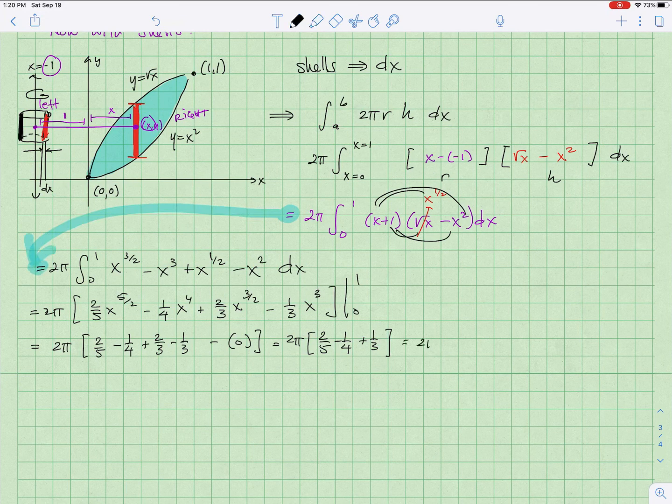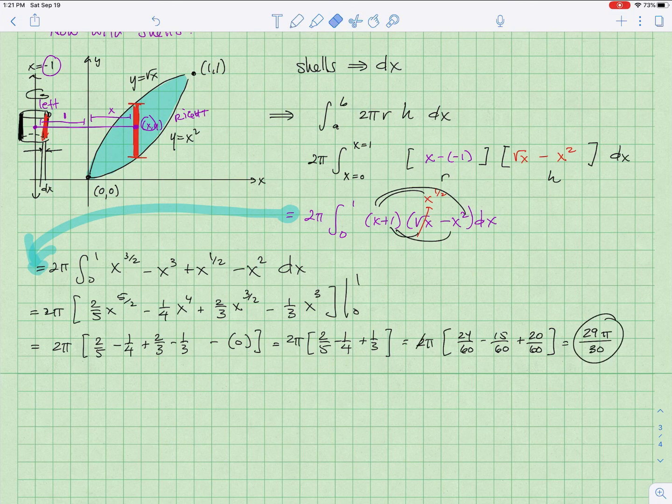And this is equal to 2 pi times, let's see, 24 over 60 minus 15 over 60 plus 20 over 60, is equal to, let's see, 24 and 20 is 44, minus 15 is 29 pi, and then the 2 will go into the 60 30 times.